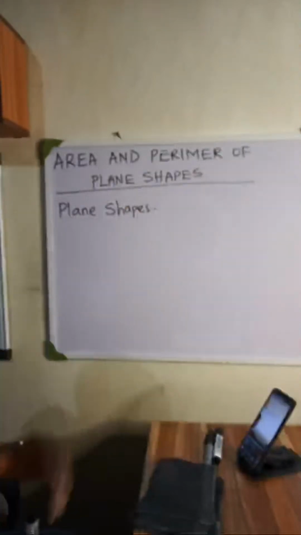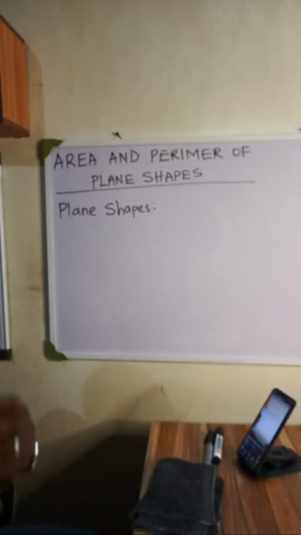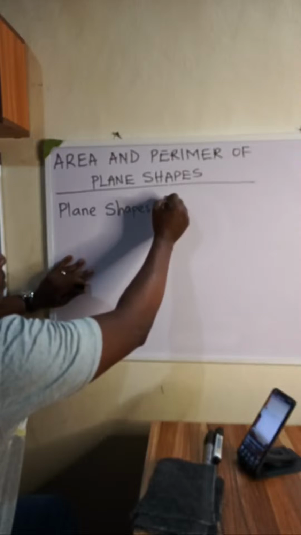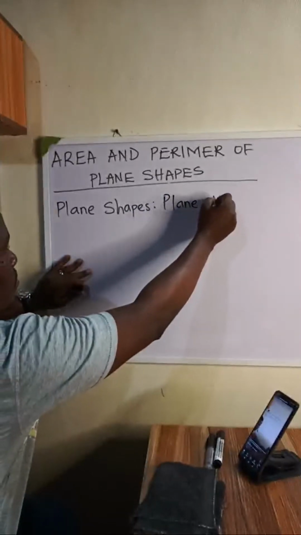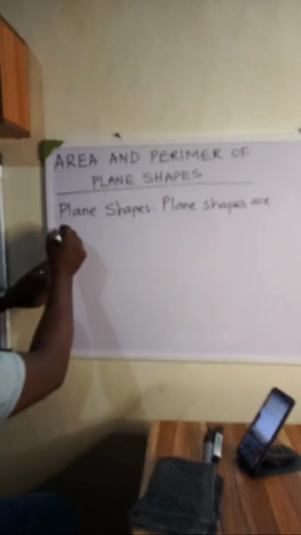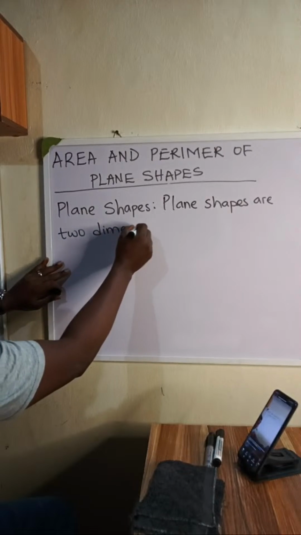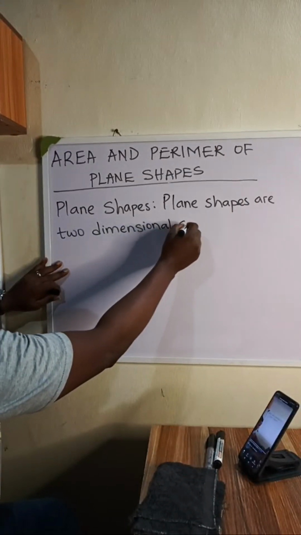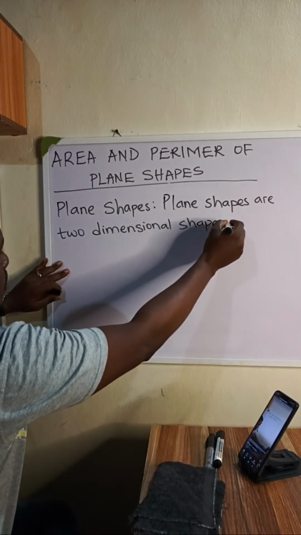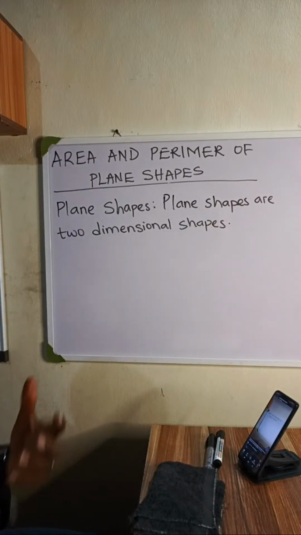Plane shapes are two-dimensional shapes. Dimension is gotten from the word direction.